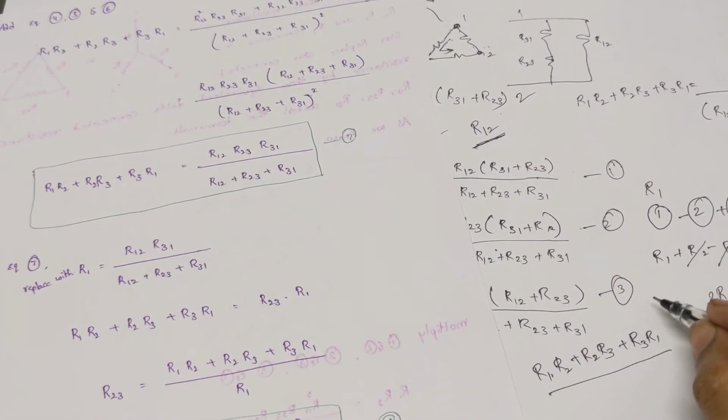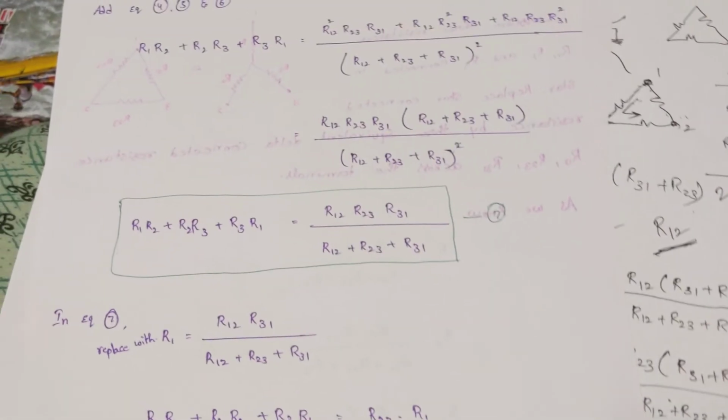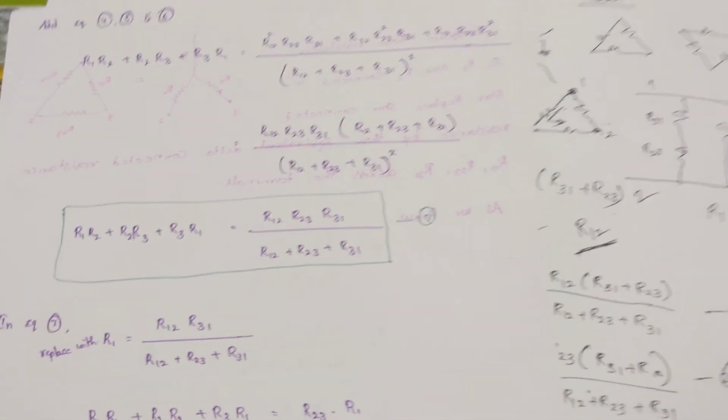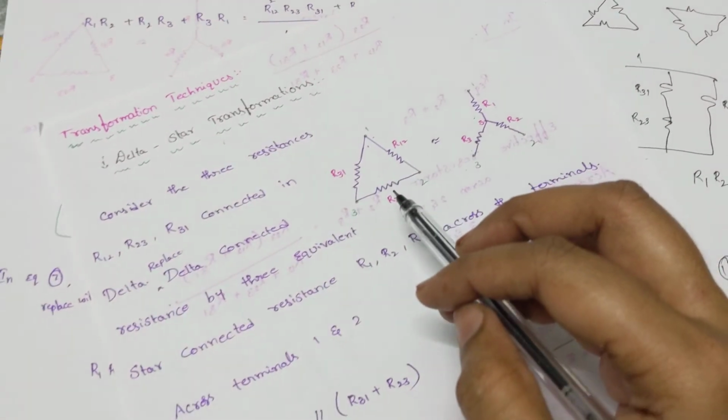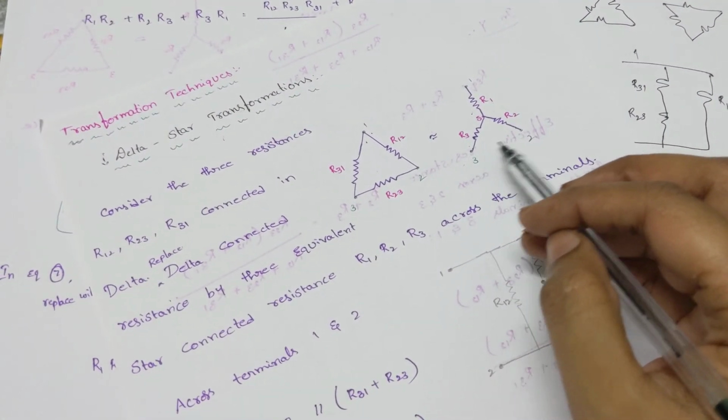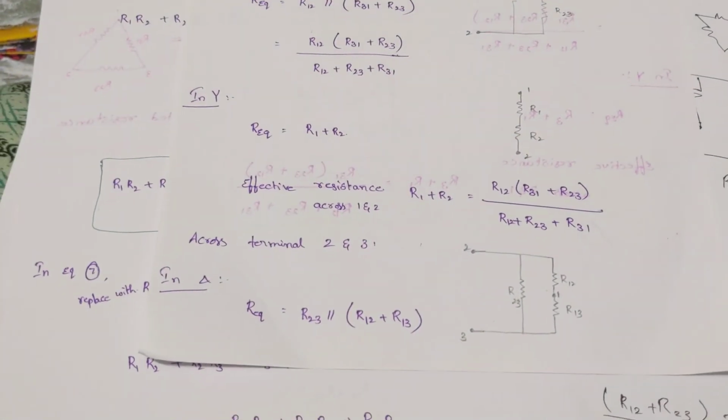If I go for the R23 resistor, that means between terminals 2 and 3, the opposite resistance is R1, so I can go for R1.